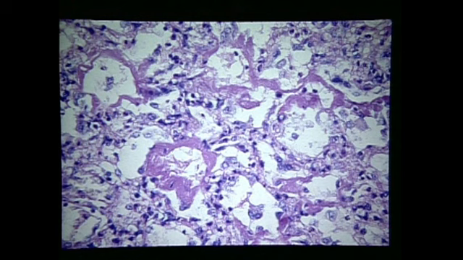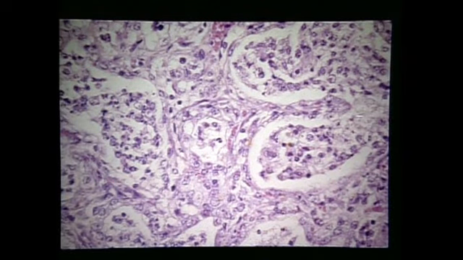And as one can appreciate, there is a hypercellularity characterized by plump cells that seem to sprout off the alveolar septum. And indeed, these are type 2 pneumocytes that proliferate to form the chronic phase. Again, hyaline membranes in the acute or subacute phase. These animals typically suffer from respiratory distress. They literally gasp for air.